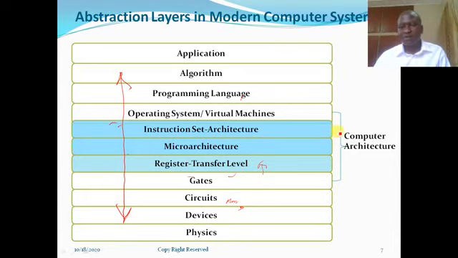However, it will be impossible for you to fully discuss or explain computer architecture without sometimes making excursions a little bit above and below the three layers. So in the process of this course, sometimes we shall make excursions into the operating system and the virtual machine layer, and also the gates layer level.